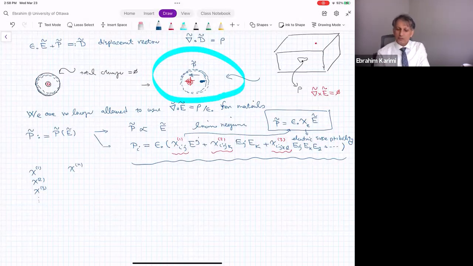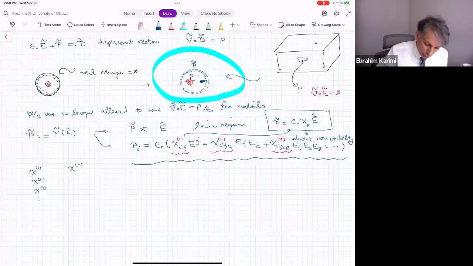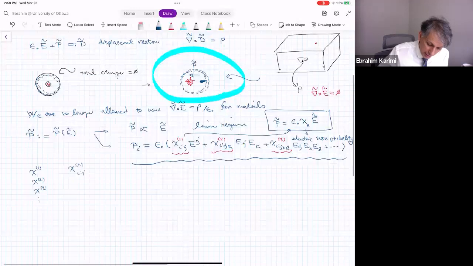So you have to pay attention to the property of the material and understand what's going on with those chi's. In general, chi's are tensors, with indices I, J, until M and N. They are tensors of a specific rank.